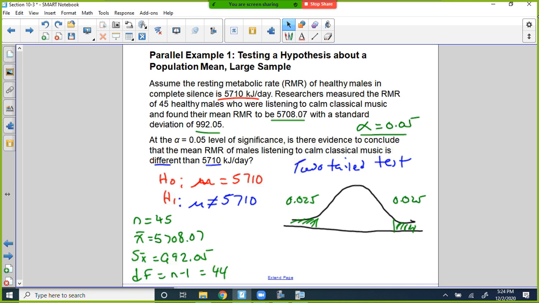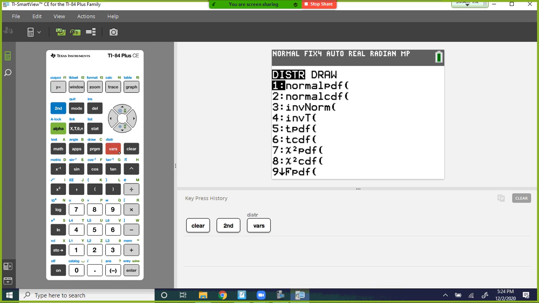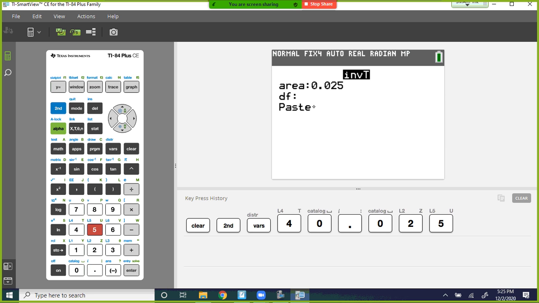What we're actually going to do is say second bars, and if you look at number 4, that says, what is the area underneath? Well, it's 0.025, right? 2.5%, right? And our degrees of freedom, we said, let's see, hold up.